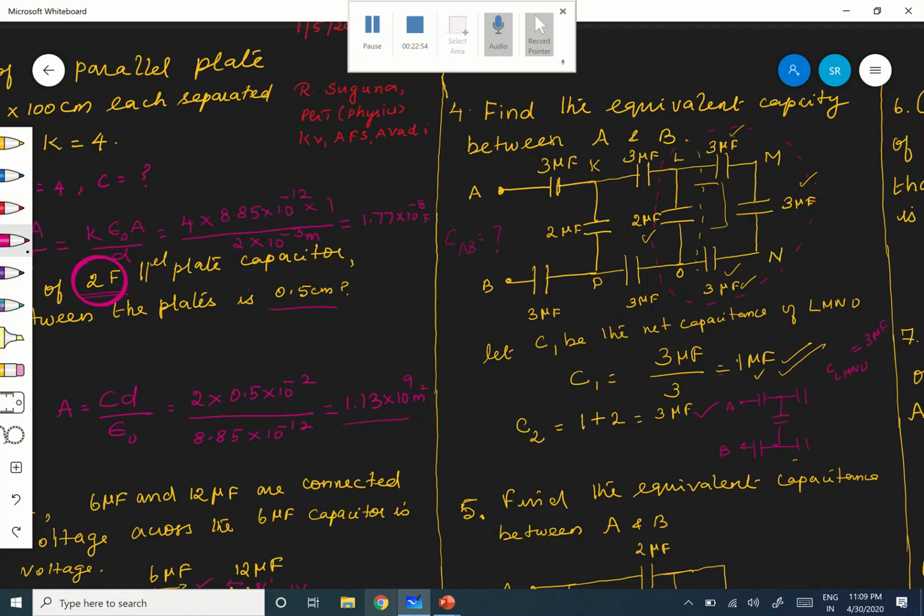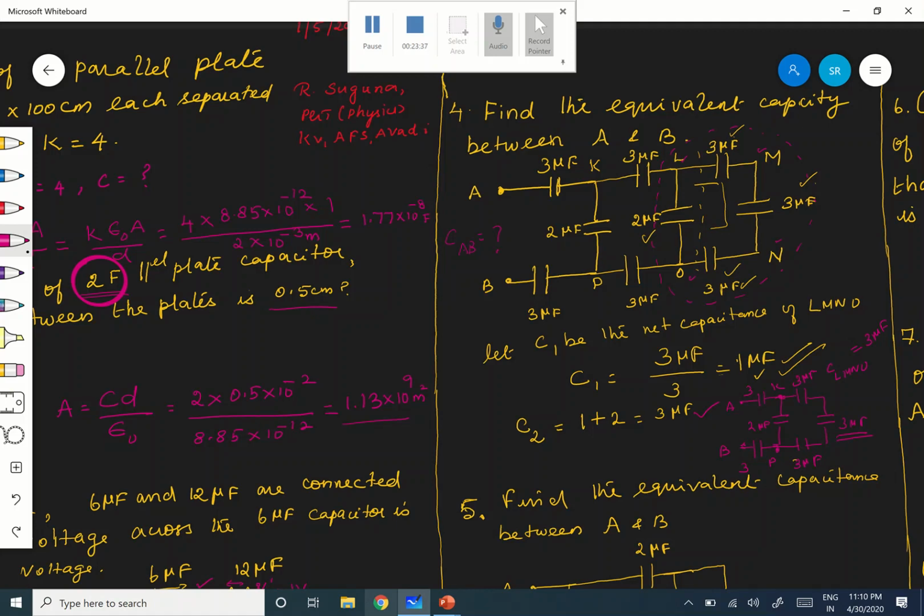Therefore, now you will be getting here 3 microfarad. This is your K, and this is your P, and this is 3 microfarad, 3 microfarad, 2 microfarad, it is 3, and this is 3. So all this put together you will be getting 3: C, L, M, N, O. Altogether the net capacitance is 3. Therefore, that I have written here.